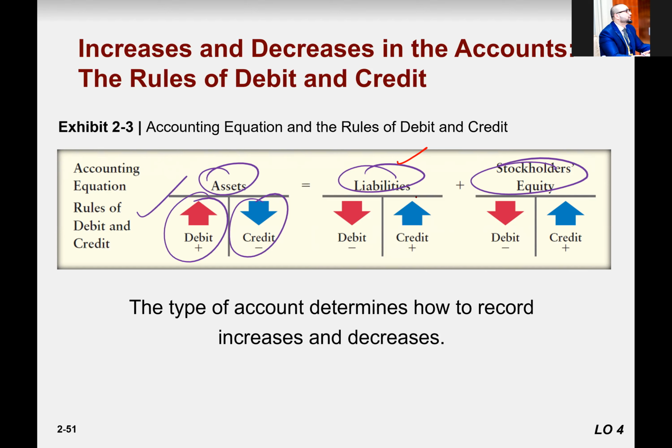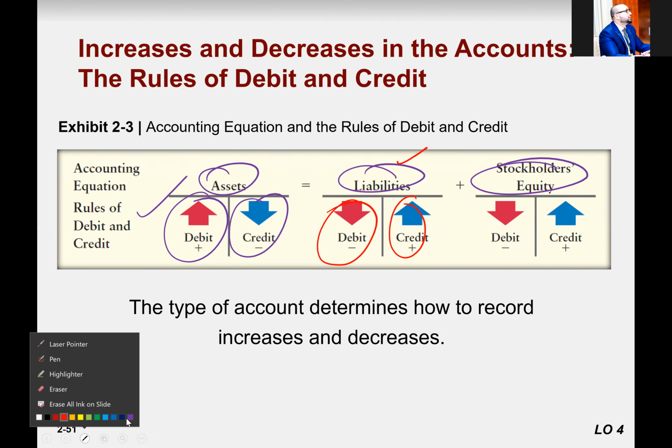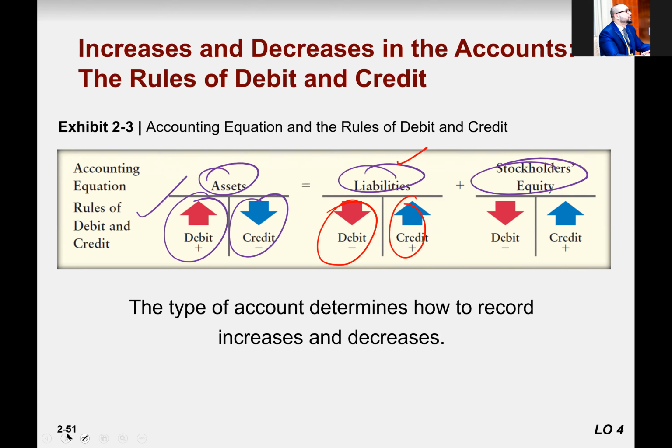Anything that increases the liability, credit. And anything that decreases the liability, debit. Anything that increases the shareholder equity or owner's equity, credit. Anything that decreases the shareholder equity, we call this debit. Right? So these are the rules. You cannot violate them.